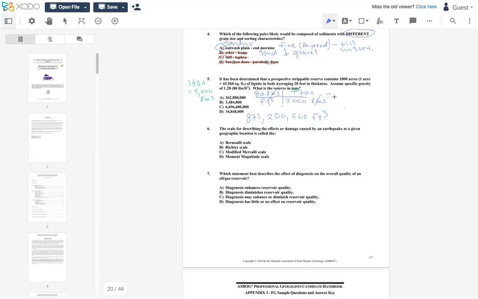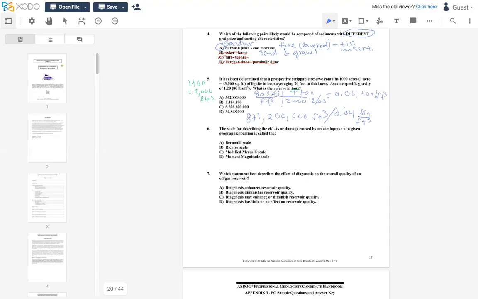And so when we do that math, we come out with 0.04 ton per cubic foot. And that's exactly what I want, because if I divide this entire large number by 0.04 ton per cubic foot, the cubic feet units cancel out and I'm left with tons, and I know I've gotten the right answer.